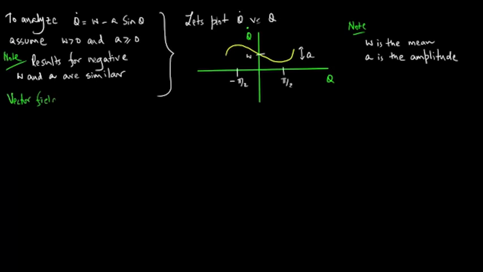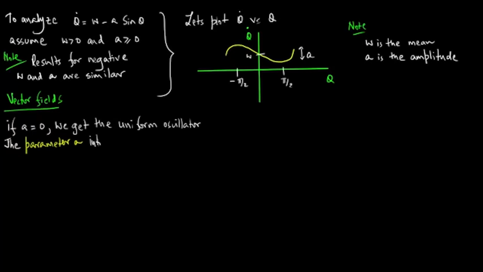Now let's consider the vector fields for the system. If a is equal to 0, we get the uniform oscillator. The parameter a introduces a non-uniformity in the flow around the circle.